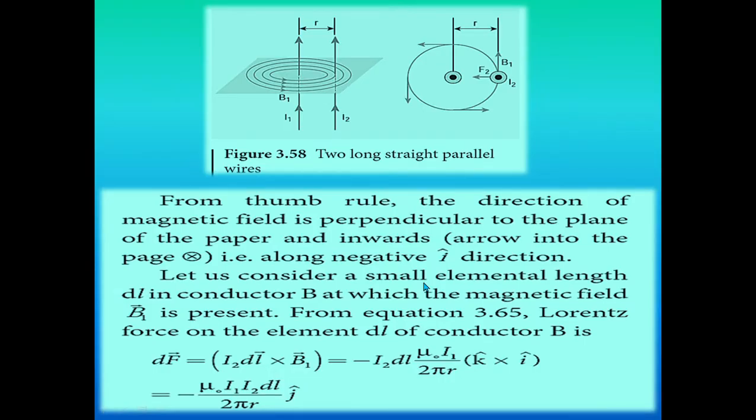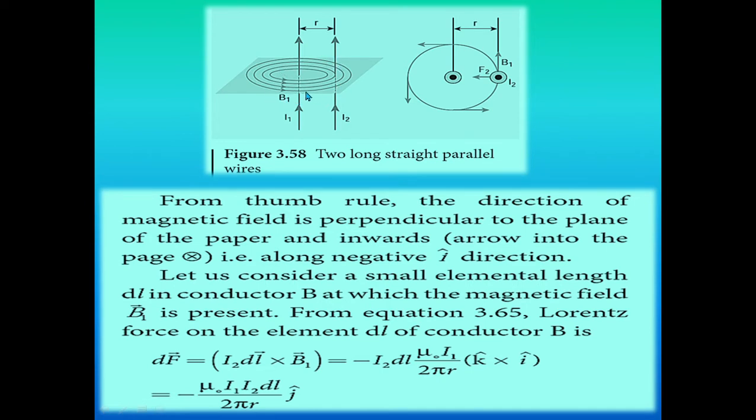Next, from the thumb rule, which we already know, the direction of the magnetic field is perpendicular to the plane of the paper and inwards.